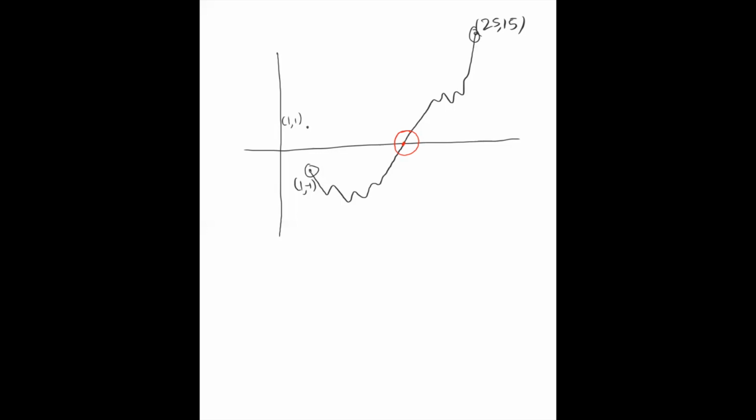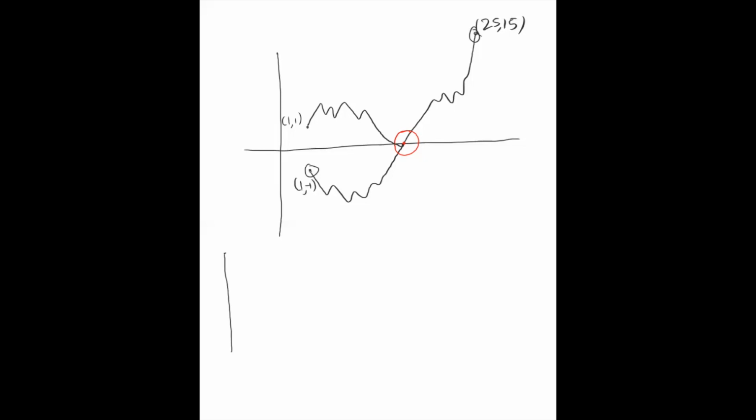So we are going to get the reflection of this, not totally accurate, but something like this. So we are going to get a path from 1 comma 1 to 25 comma 15 that does touch the x-axis. Now let's just see what we have gotten.